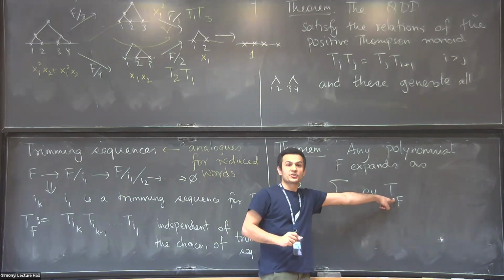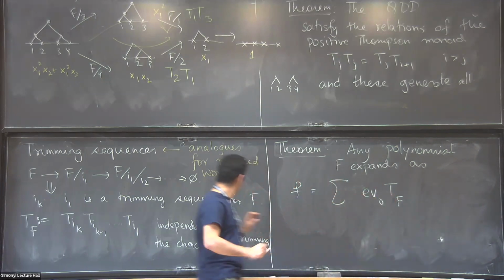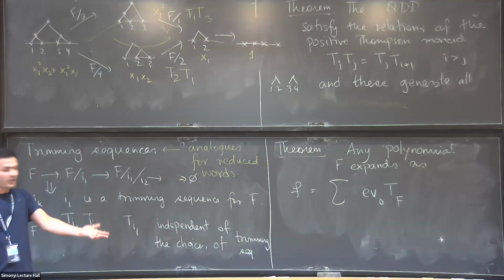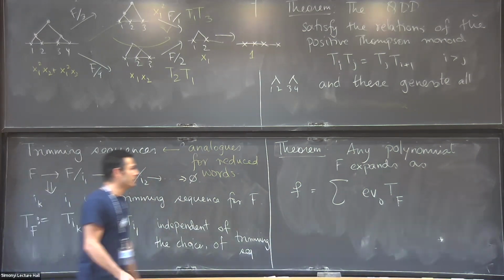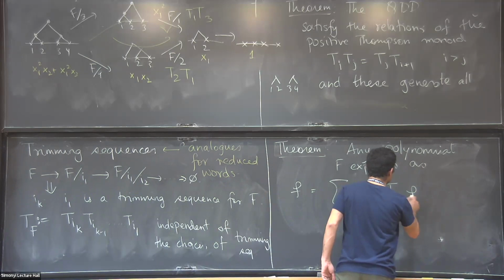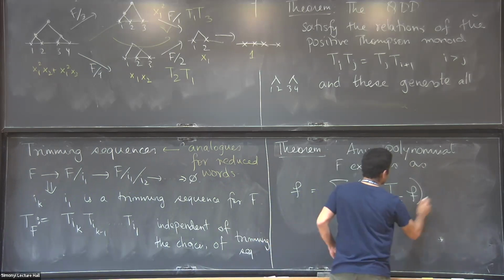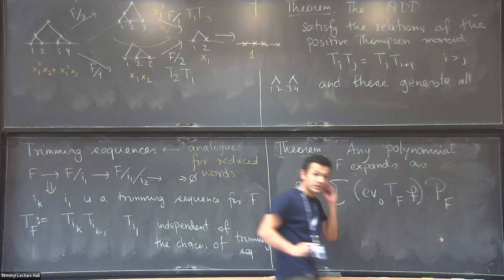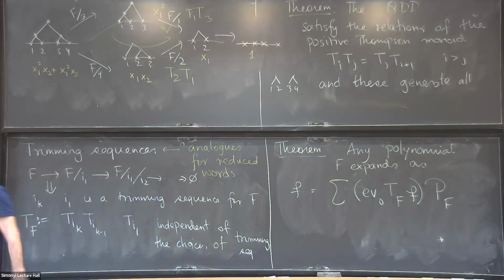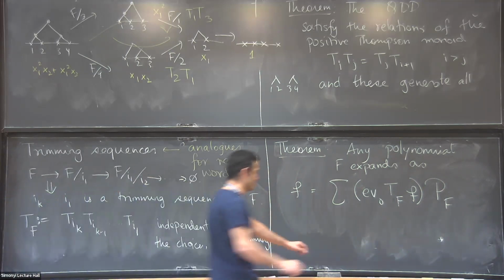So I apply a bunch of quasisymmetric divided differences, for any chosen forest whose coefficient I'm looking for, to my polynomial f and multiply this. So this here is the constant term.